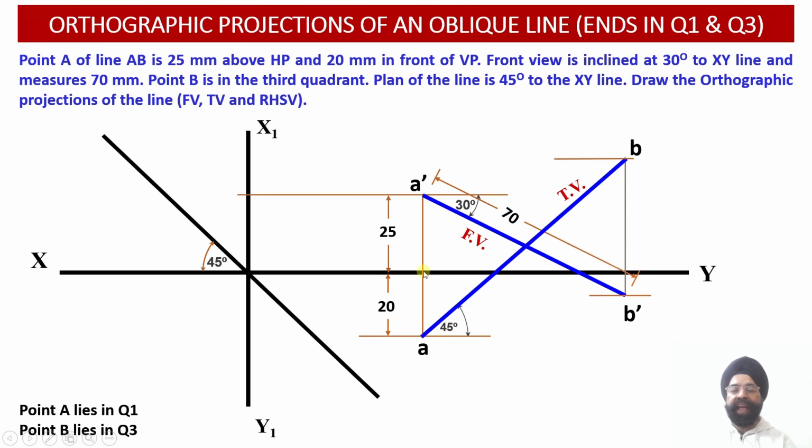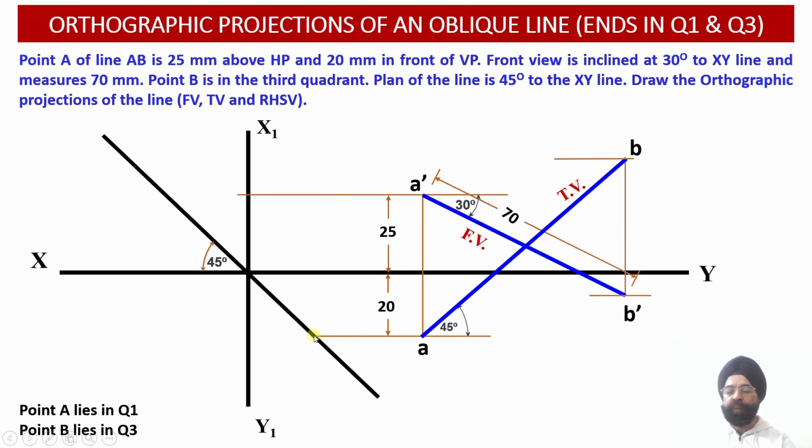Now we know that end A is at a distance of 20 millimeters in front of the vertical plane. Through point A, we draw a projection line and extend it till it meets the transfer line which we had drawn at an angle of 45 degrees. Once this projector line, which defines the distance of the point A from the vertical plane, intersects with the transfer line, one point on the transfer line corresponding to the point A of the plan has been obtained.